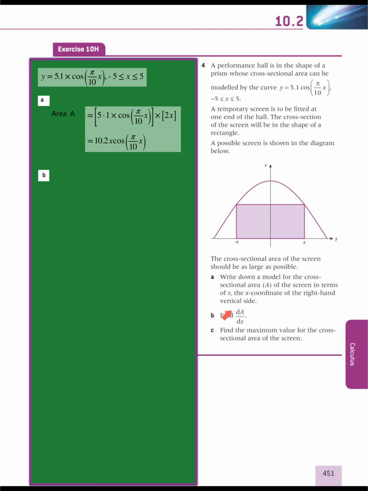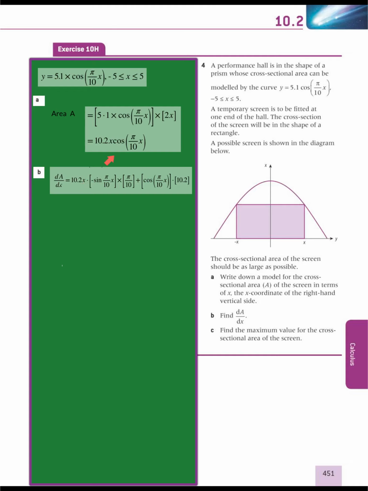B is find dA/dx. Well, that's our area A in terms of x, so we just need to differentiate that. The derivative has two parts: 10.2x, and then the cosine of pi on 10 times x. So it's the first one times the derivative of the second. The first one is 10.2x times the derivative of the second.